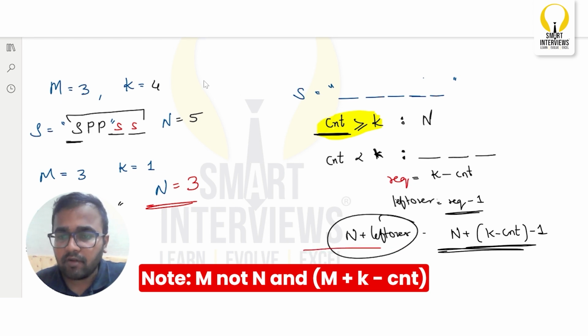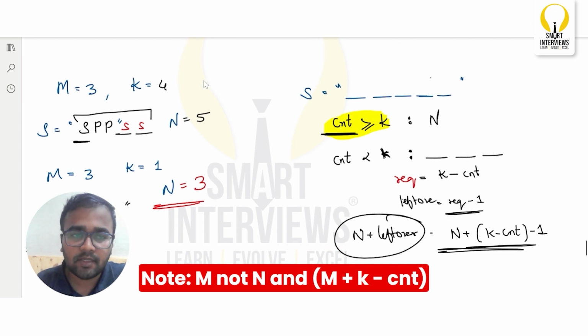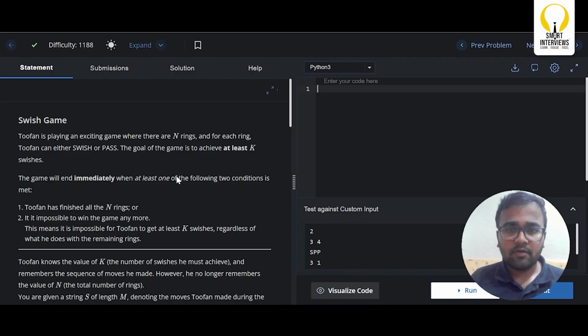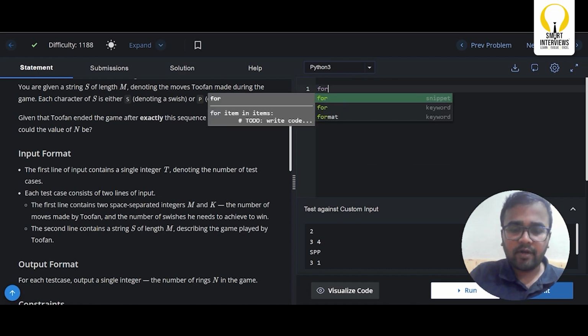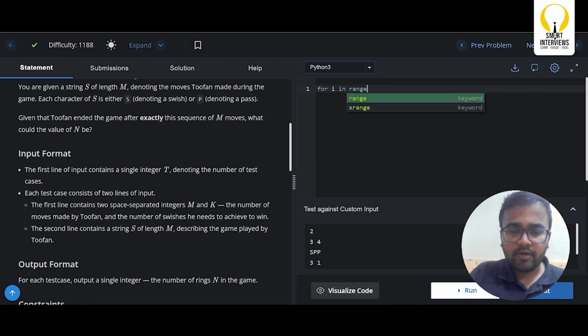That possibility comes whenever the value of rings is n plus the leftover number of rings. That's it. So let us move to the coding part. According to the input, the first line contains the number of test cases.